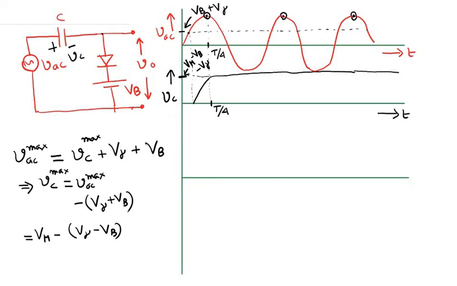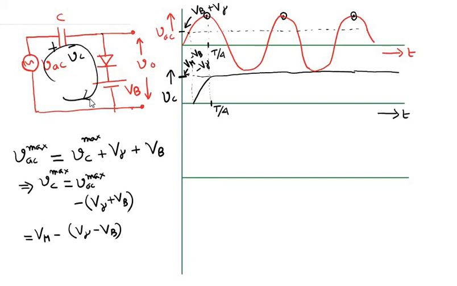So we write Kirchhoff's voltage law again in this loop, assuming that this diode is not in a conducting state, because most of the time the diode would not be conducting, to get the output voltage.